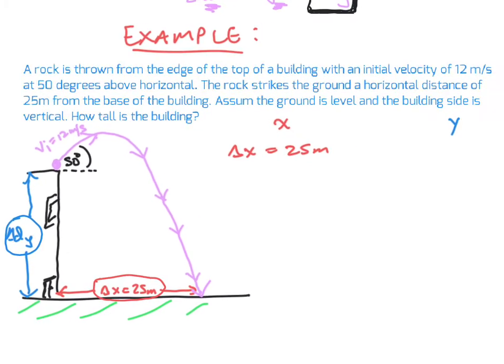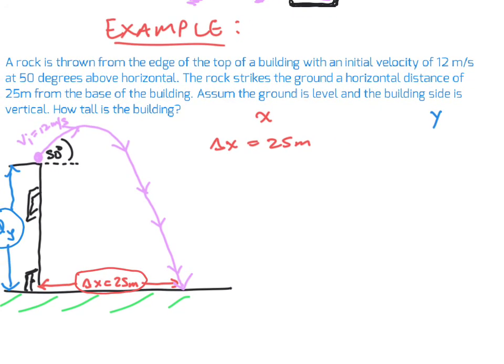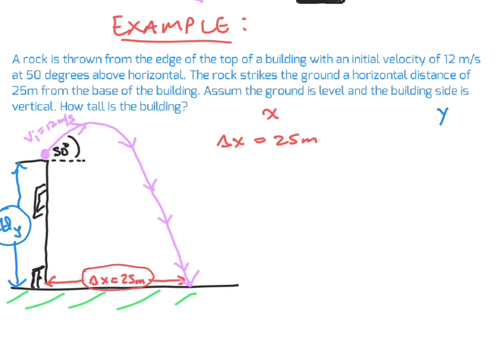Okay, so what do we have in the x? Let's write down what we have in the x direction. We have delta x is equal to 25. We also have the Vix value, because we know it to be Vi cosine 50 degrees. And we know that in this case the Vi is 12 meters per second, and we need to split that up into just the x portion, and we can get a value for that.